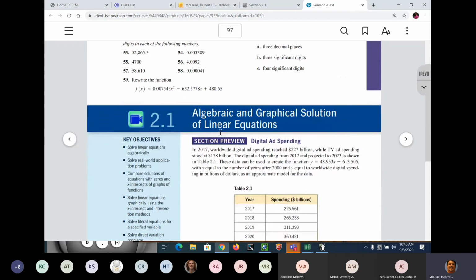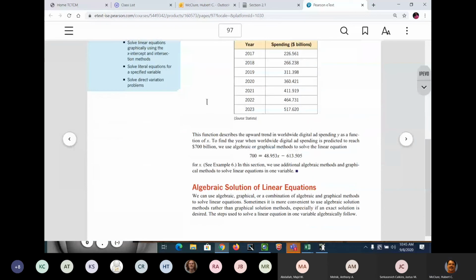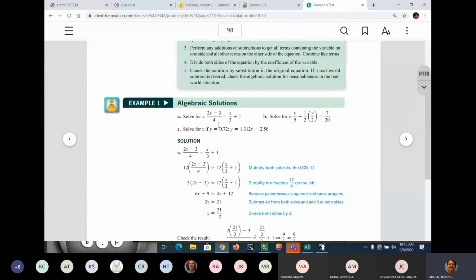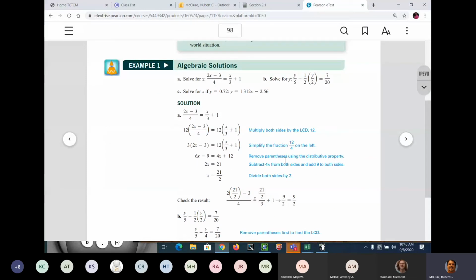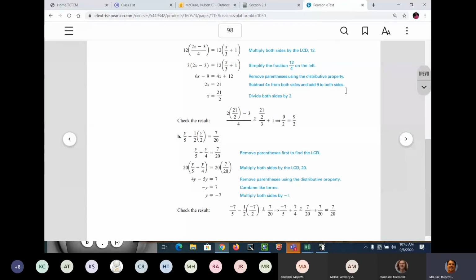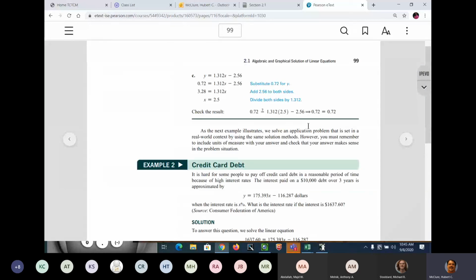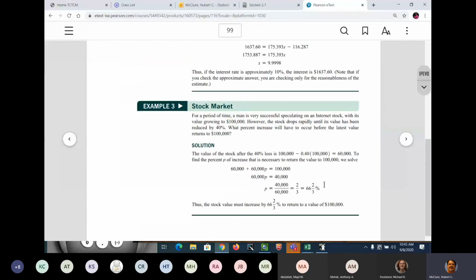Yep, they're continuing with the linear. Okay, solving an equation. That's not a big deal. Okay, yeah, these are more modeling problems.